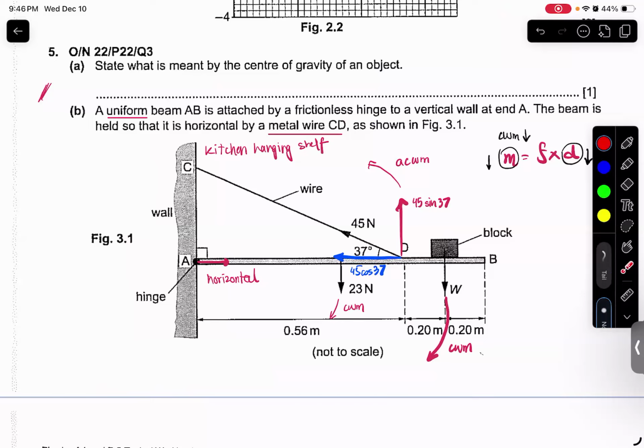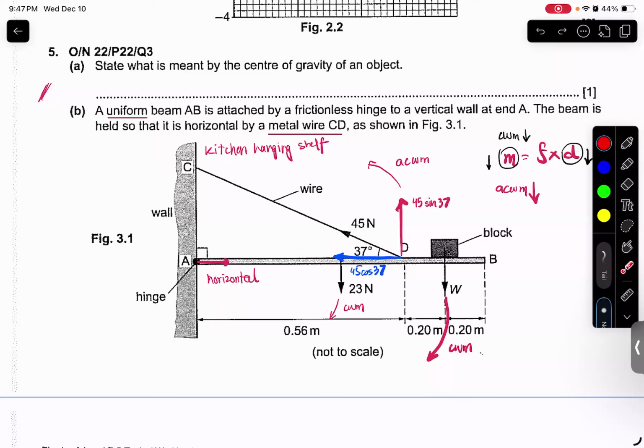If the clockwise moment is going to fall, then to keep it in equilibrium, the anti-clockwise moment should also fall, right? And if the anti-clockwise moment is falling and the distance of the wire is not changing, then the force of tension should also fall. Because think about it. If the tendency for the beam to turn is lesser, then the wire will have to provide less force to make sure the bar is balanced.